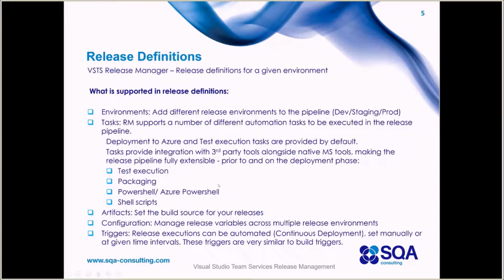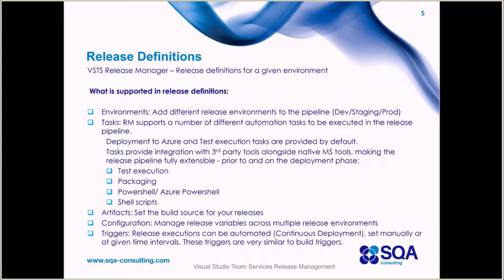We also have something called artifacts. Basically, we need to use a build source for our releases, and this is why I previously created a build definition so that we can use it further down the line.